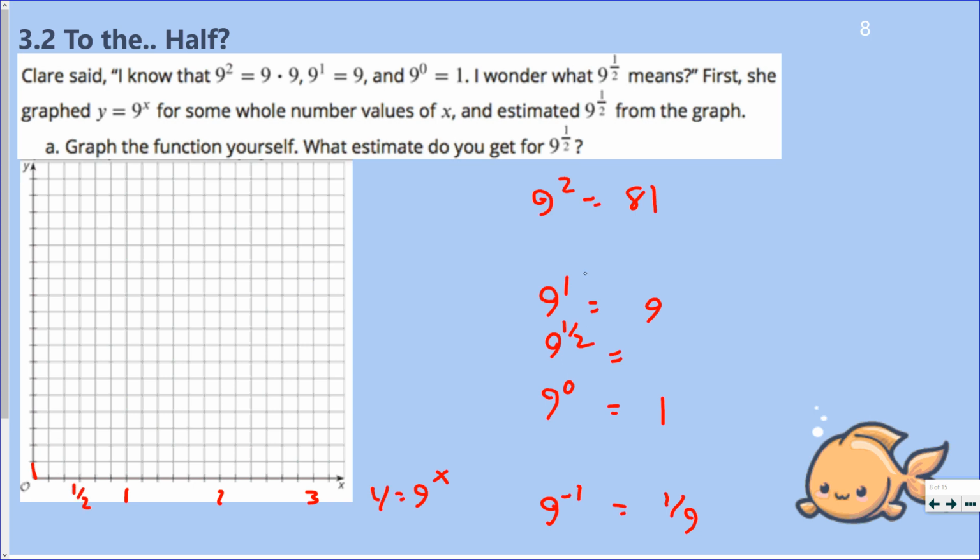Okay, so let's graph some of the ones we know. 9 squared being 81, this is going to have to extend pretty well up. So we're going to go by tens: 10, 20, 30, 40, 50, 60, 70, 80.